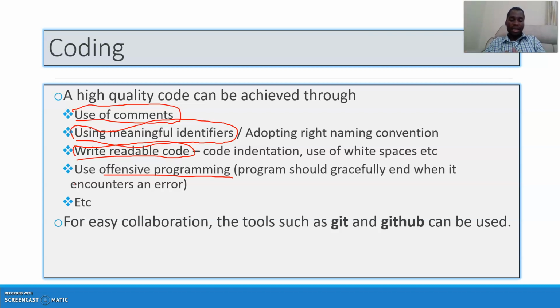So there are tools that are used to achieve that. In coding, you can use Git as a tool that helps in versioning of your code, as well as GitHub for collaboration. So you can have a team working on the same program, everybody writing a piece of it, and you'll be able to work together without problems using these tools.